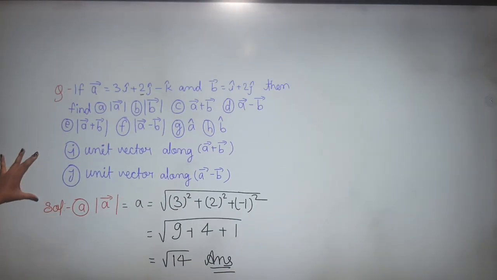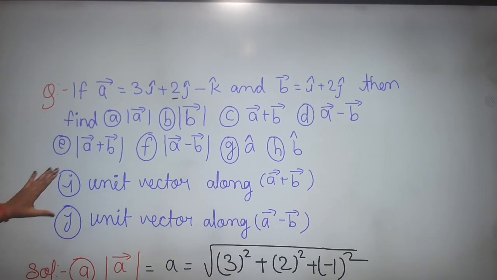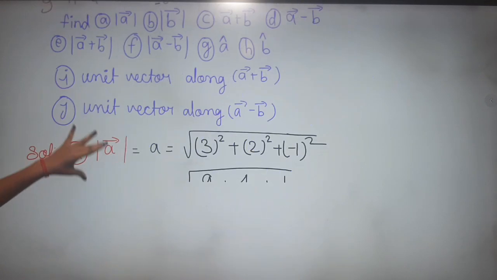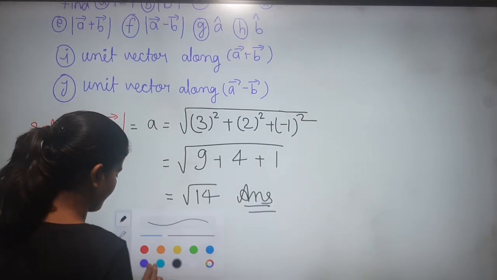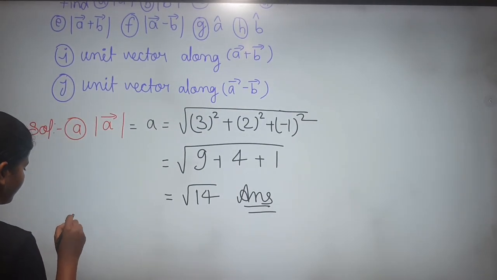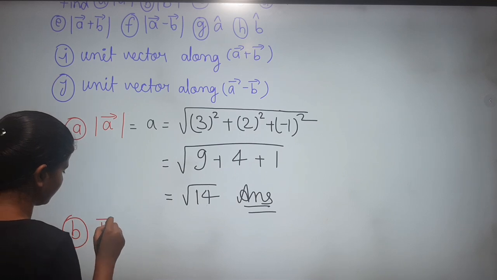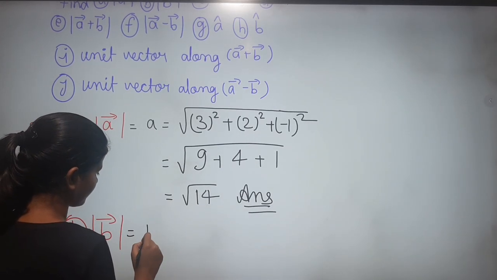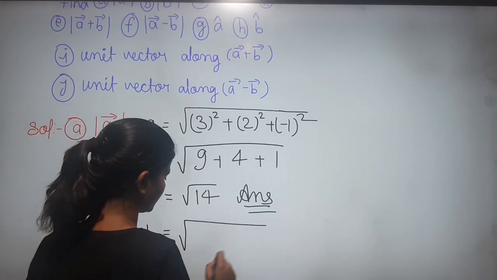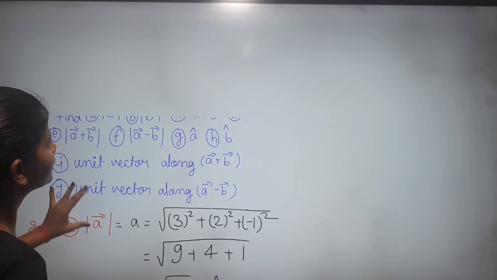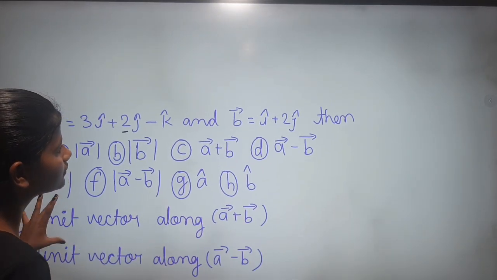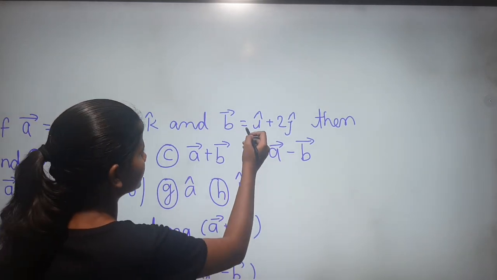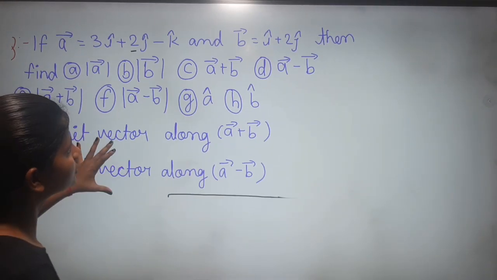And now we have to find the magnitude of B vector. So here root under the coefficient of i cap square, that is 1, plus 2 j cap.